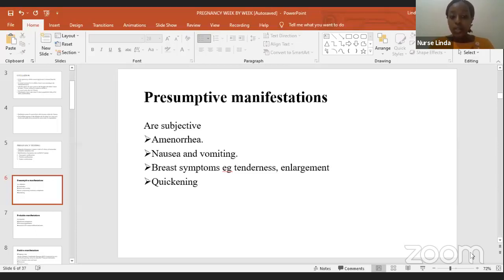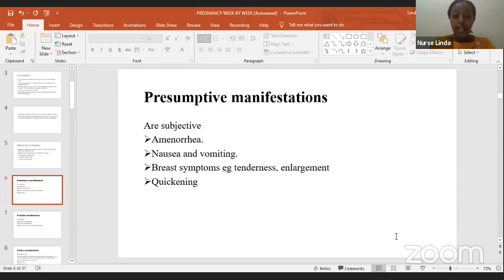A woman could also say that they are having tender breasts, their breasts are enlarging, and this can occur due to hormonal imbalance as well. Some women also experience breast tenderness before their periods, just because of the hormonal fluctuations in their body.